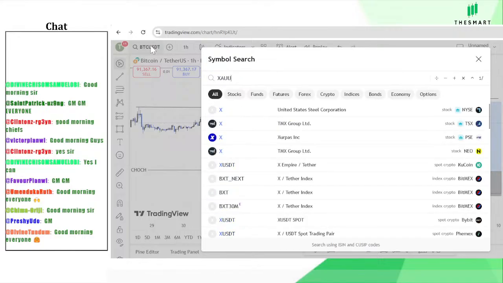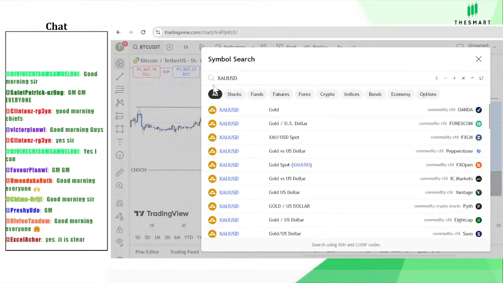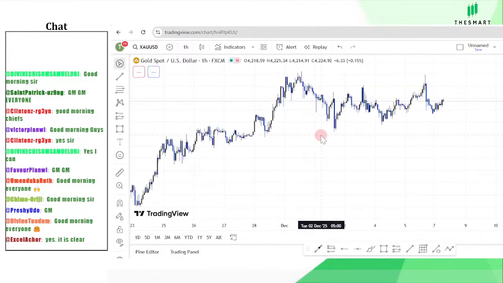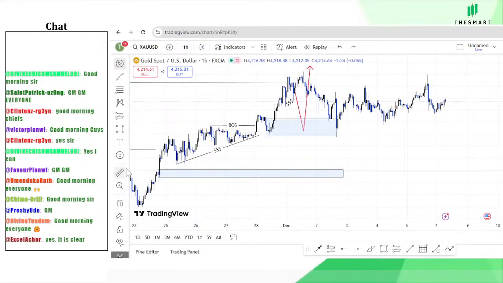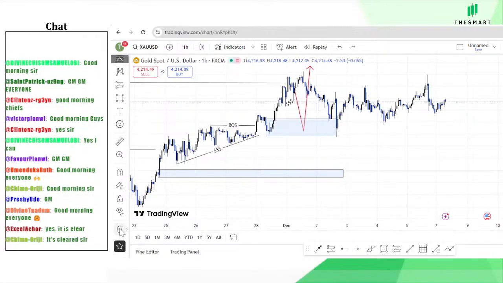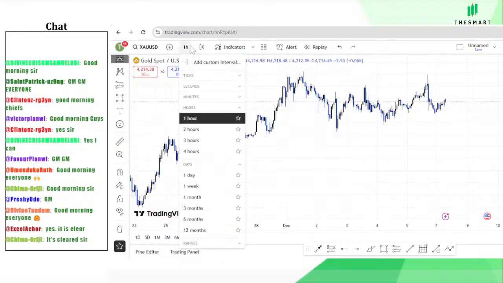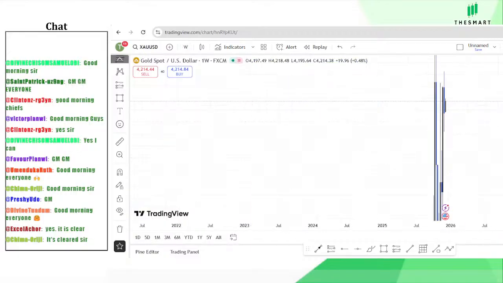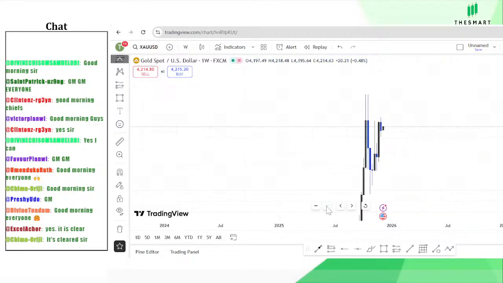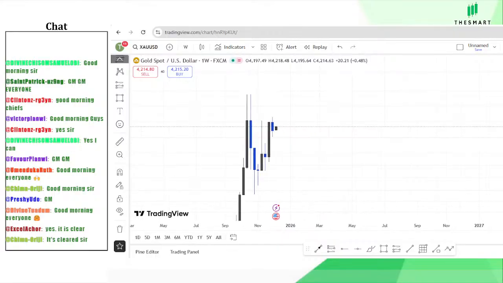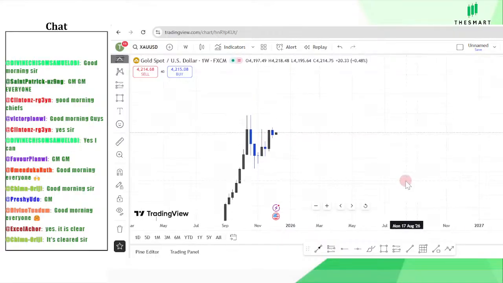Okay, let's look at gold this morning. Let's look at gold. So looking at gold from the weekly time frame, okay, so this is what we have on the weekly time frame here.